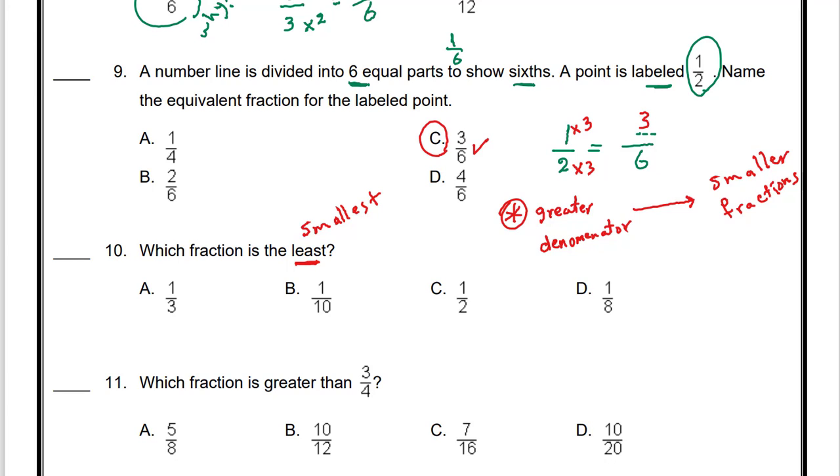Which one has the greatest denominator? B. Yes, it's 1/10. So this one is smallest because it has the greatest denominator. So the size is very, very small. When you use a big number down, the fraction is small.